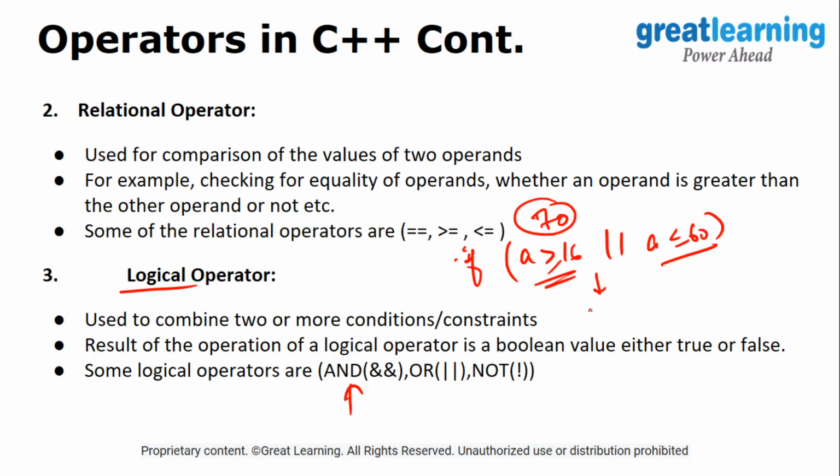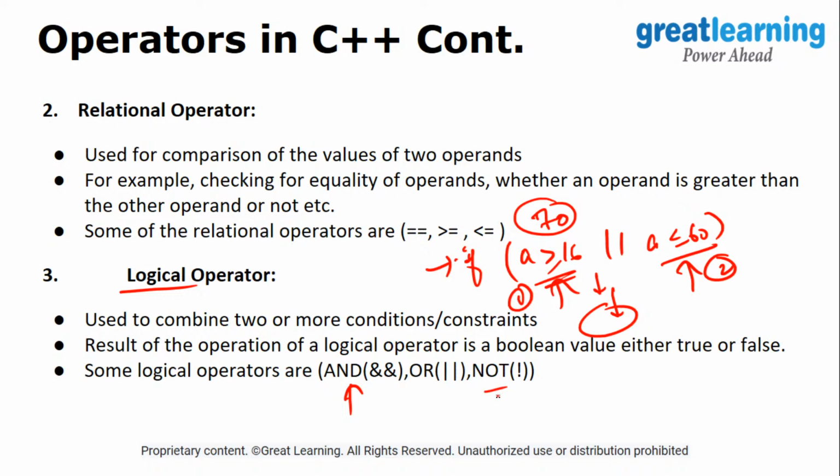Still he will be able to drive, because logical or works in such a fashion that even if one of the conditions is true, condition 1 or condition 2, he will still be able to drive. So we cannot use this or over here in this case, obviously.